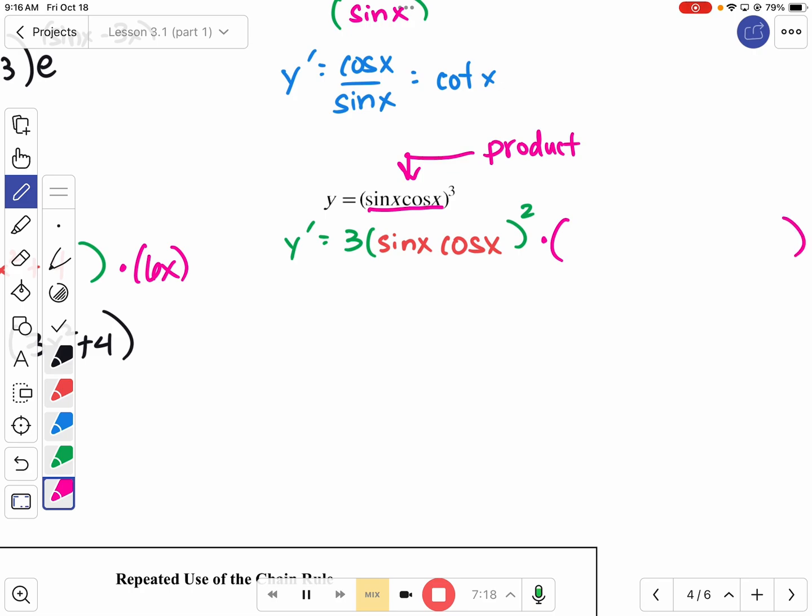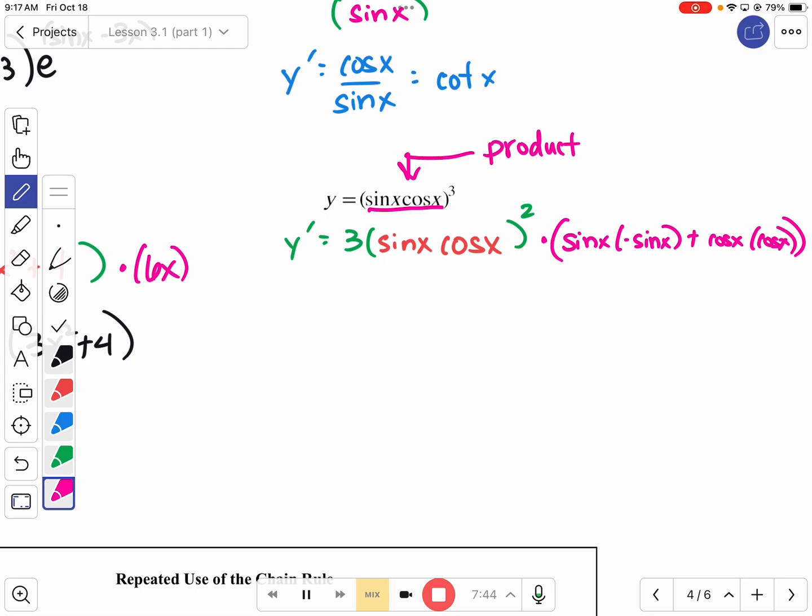So this parenthesis is going to be ugly for a second. When we do a product rule, first times derivative of the second, derivative of cosine would be negative sine, plus second times derivative of the first.